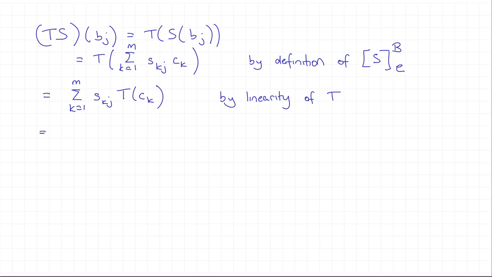Again, we know the matrix of T with respect to the initial basis C and the final basis D. We had some notation for that, and that notation allows us to expand T of c_k. So this is what we get.